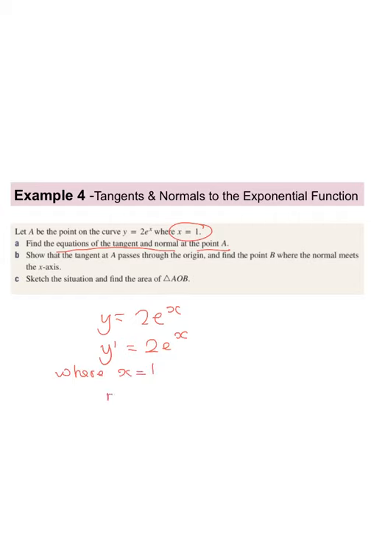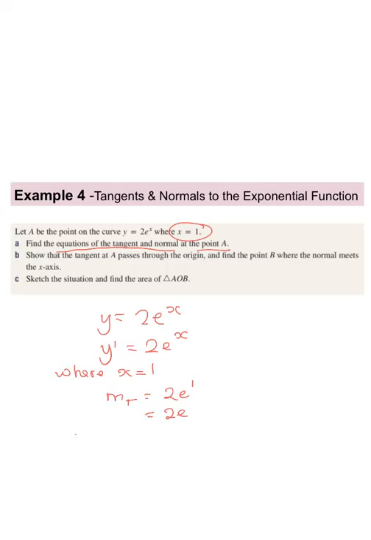So where x equals 1, we're going to find our gradient of the tangent. So we're going to substitute x equals 1 into our derivative. So we end up with 2e to the power of 1, which is simply 2e. So this is our gradient of our tangent. Now, when x equals 1, we also need to find what the y value was.